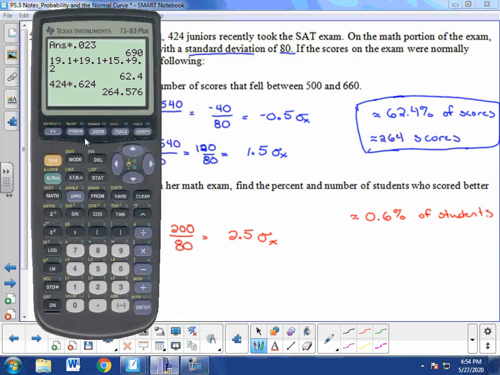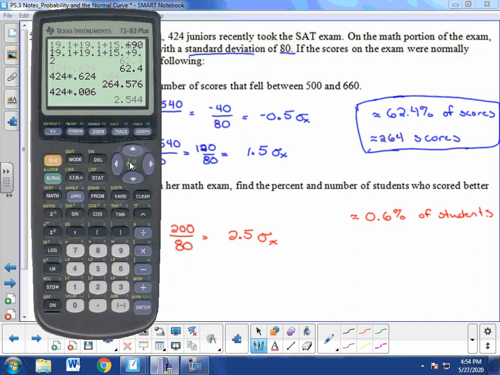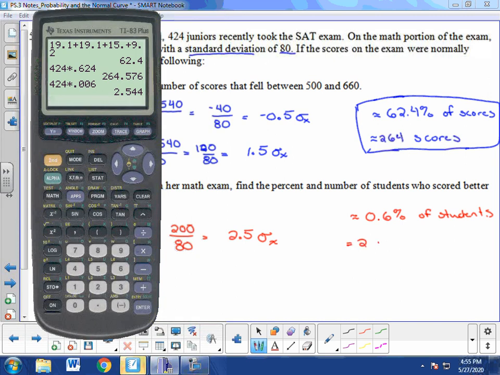And if we want to turn that percentage into how many students that was, 424 is the total number of students that took the exam times 0.006, converting that 0.6% into a decimal. And so that's 2.54, so 2 students, because there wasn't enough to reach a third student. 2 students scored higher than Evan did.